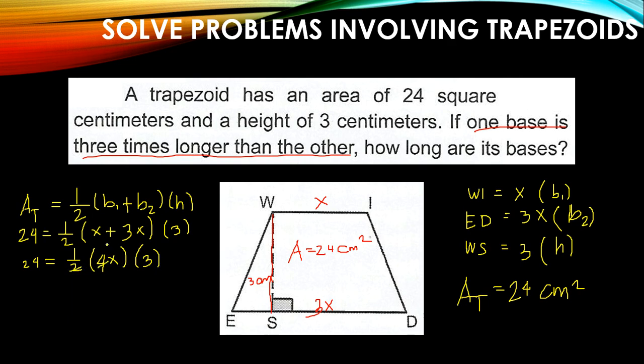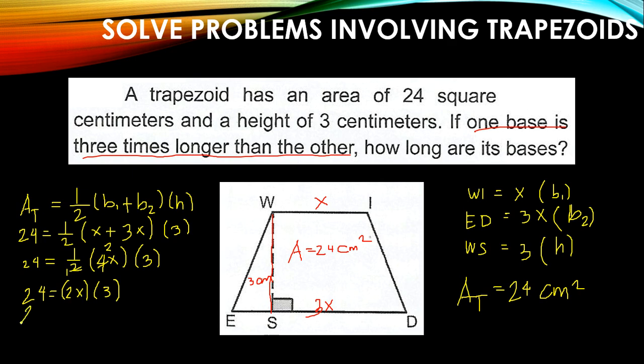So that is 2, that is 1, so 1 divided by 1 is automatically 1, so we don't include it anymore. So what is left is 24 equals 2x times 3.